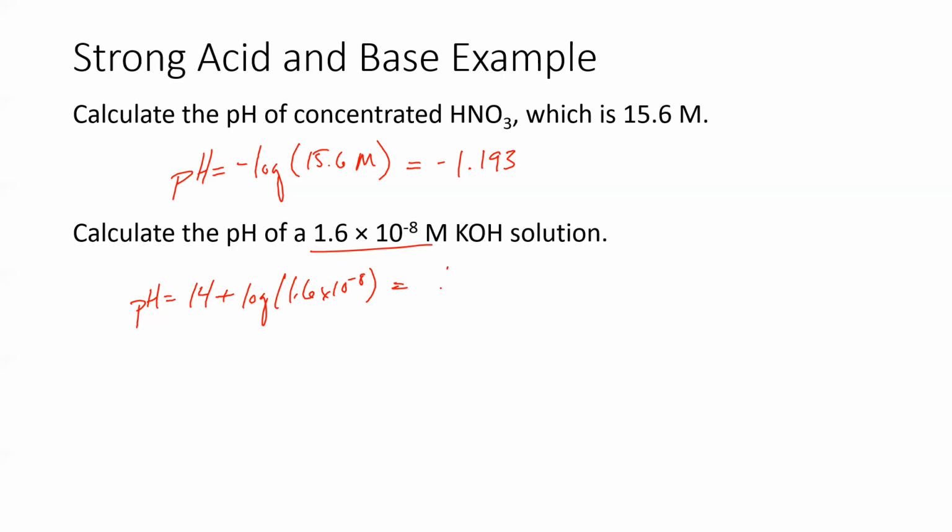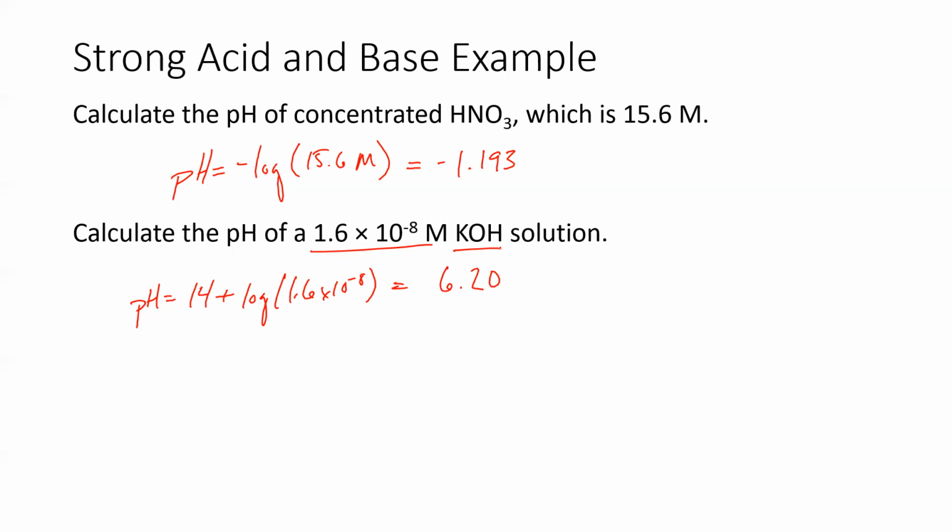We get a pH of 6.20. What's the matter with that? Should be above 7, right? Yeah, this is a strong base. KOH gives us an acidic pH. What the what?